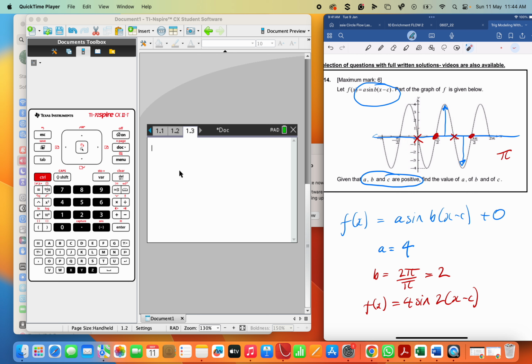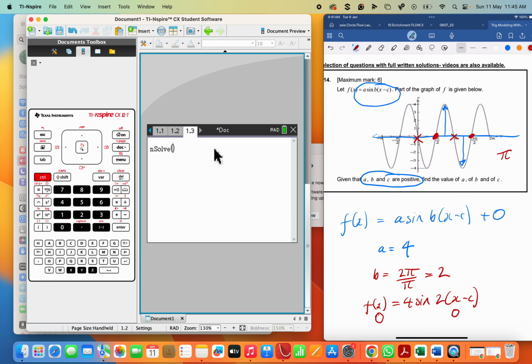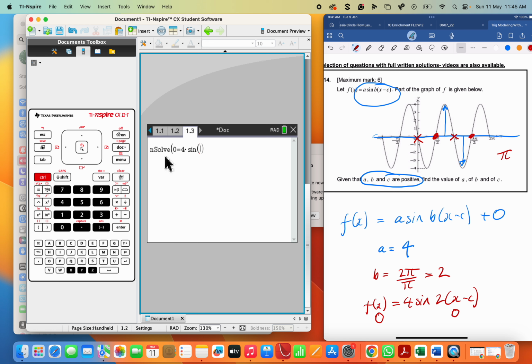I'm going to sub in 0, 0. So if I make x 0 and y 0 and solve for this, I should find the value of c. So let's go ahead: menu, algebra, numerical solve, 0 equals 4 times trig button sine of 2 open bracket, the x value 0 subtract c, close bracket, yep, and then solve, comma, with respect to c.